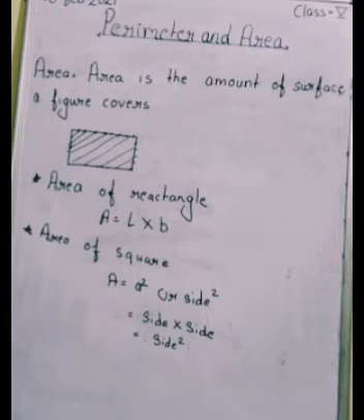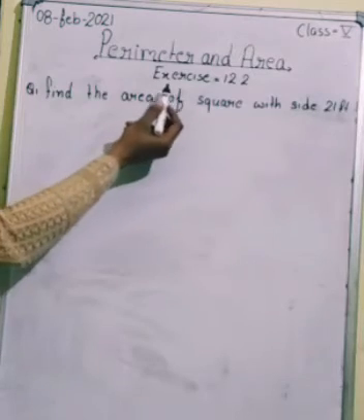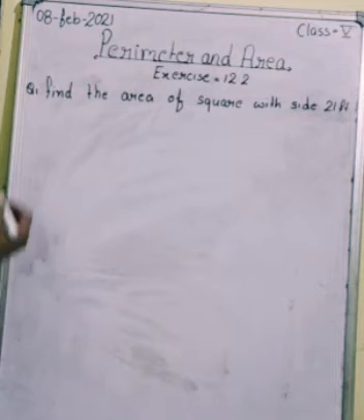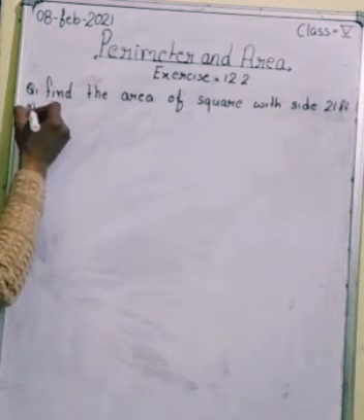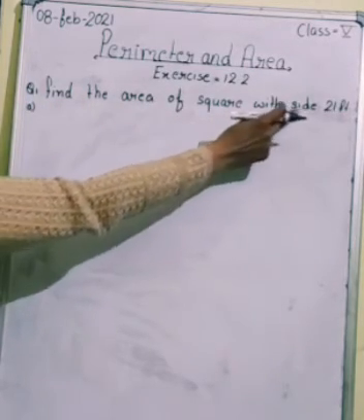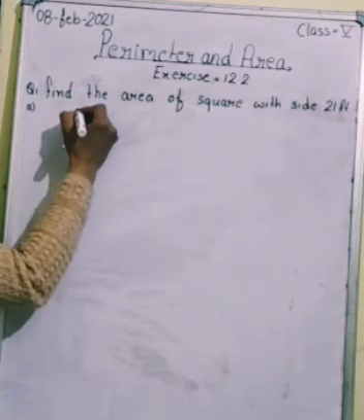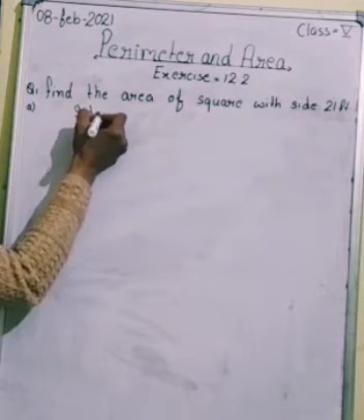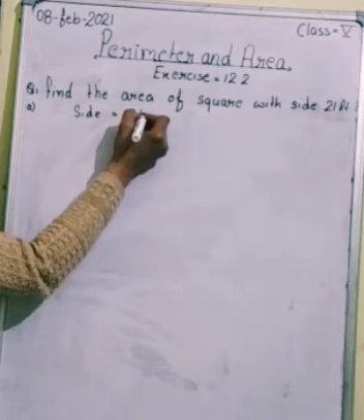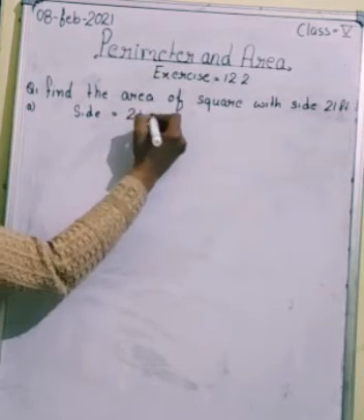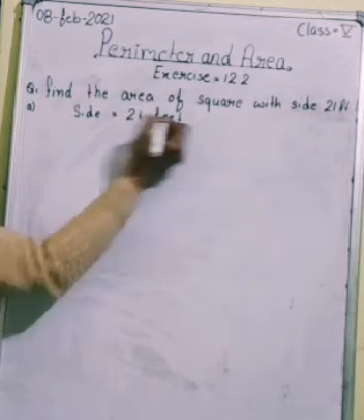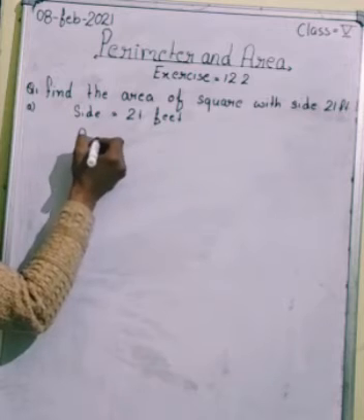Now we will do some questions based on them. We will do one question from exercise 12.2, question number 1, that you have to find the area of a square with side 21 feet. So they have given you side is equal to 21 feet. Okay. Now what is the formula for area of a square?